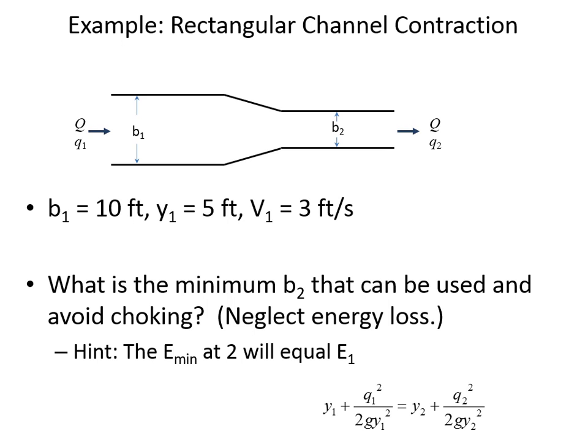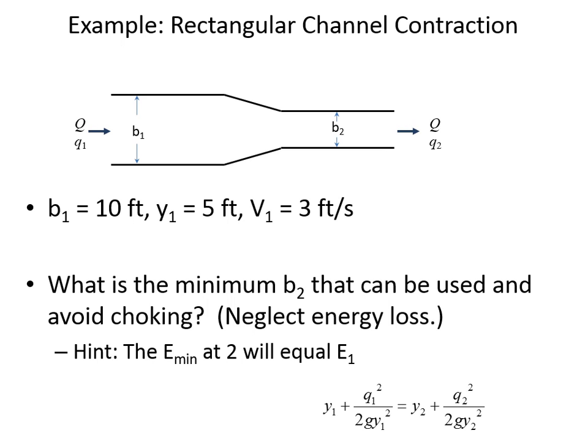Okay, we can start off by calculating the total energy at 1. We know that the energy at 1 is going to be the depth and the velocity head. So that's going to be 5 feet plus, in this case, V1 is 3 feet per second.